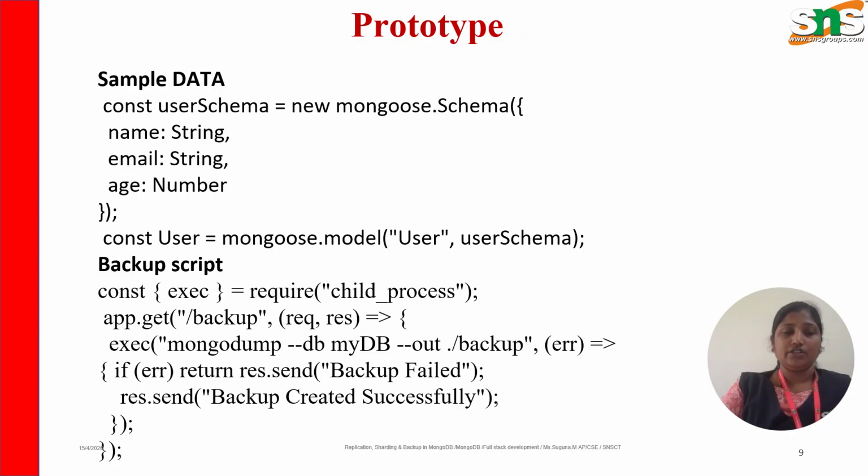Next, look at the data and backup. Now we define a simple user schema with fields like name, email, and age. Then we implement a backup API using MongoDB. When this API runs, the database backup is created, and data can be restored at any time.